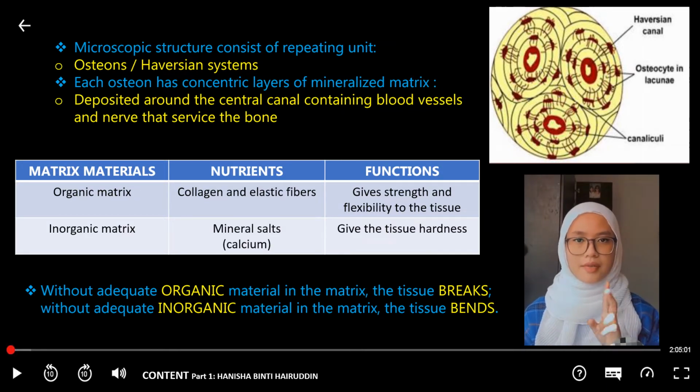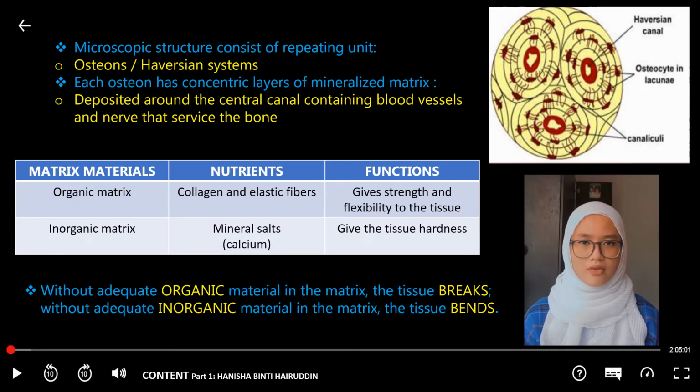There are two types of matrix material. The first one is organic and the second one is inorganic. Without an adequate amount of organic material, the tissue will break. Without an adequate amount of inorganic material, the tissue will bend.